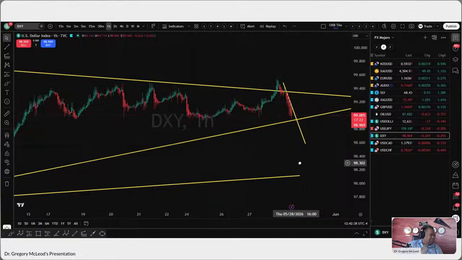So we had our ABC, and then maybe a three-wave reversal, 1, 2, 3, 4, 5, almost like a double top, and now we're probably going to start a correction down in oil, right?